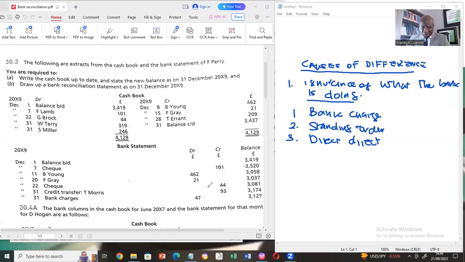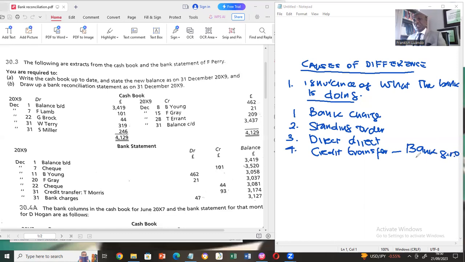Then we also have number four, credit transfer. A credit transfer is also known as a bank giro.